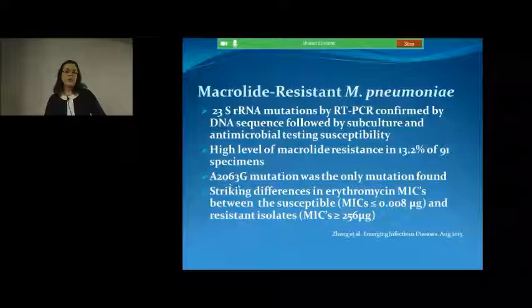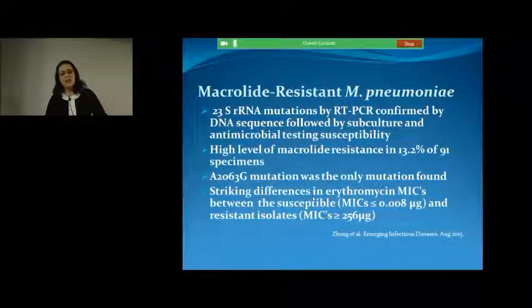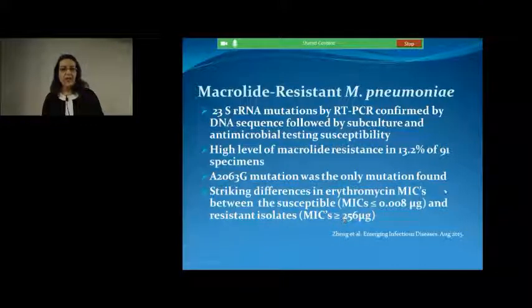The A2063G mutation was the only mutation found. And striking differences were seen in the erythromycin MIC between the susceptible and the resistant isolates.